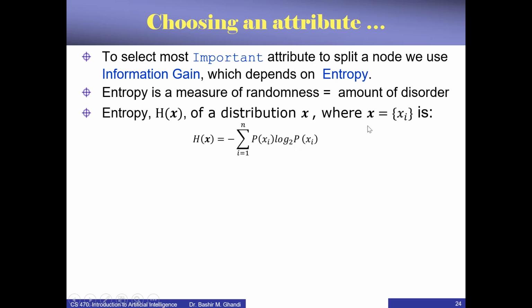For example, if you have your X to be equal to patrons, as we saw, the values for patrons consist of none, some, and full. To compute the entropy for patrons, we will say probability of none times log of the probability of none, plus probability of some. And of course we can compute the probability of some.